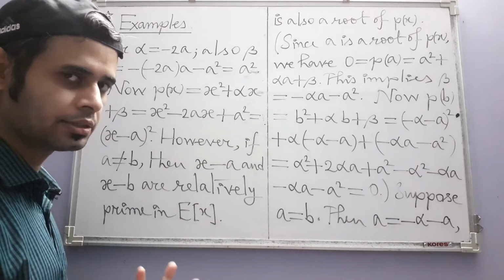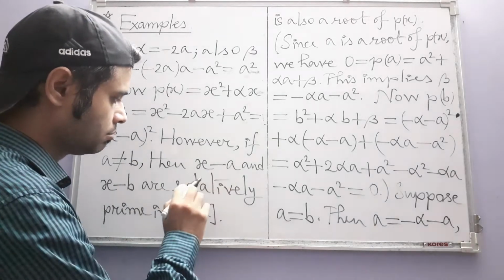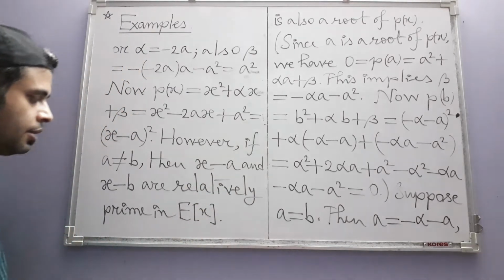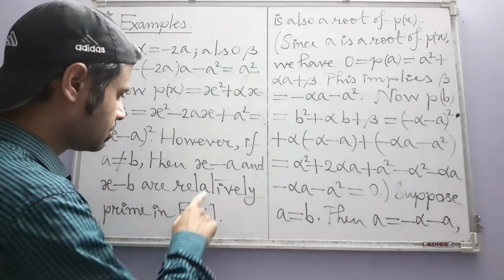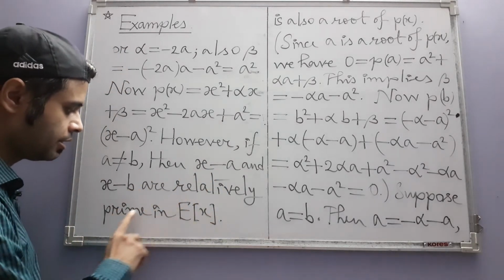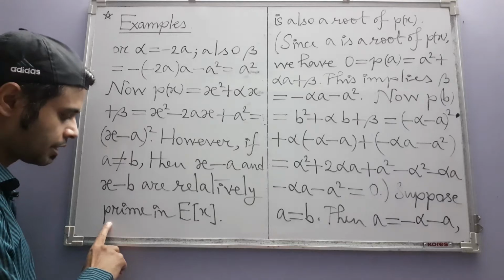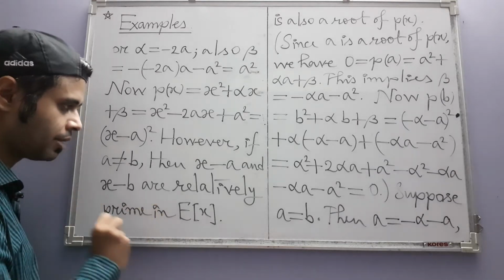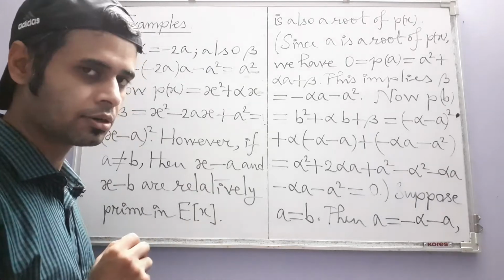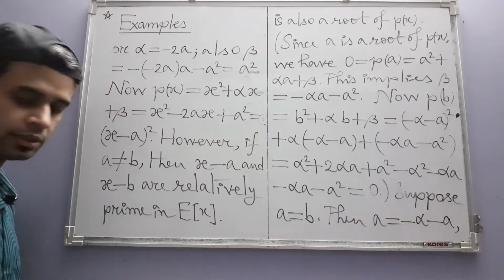So automatically they are irreducible polynomials. Now, because they are irreducible, distinctness of A and B automatically tells us that they are relatively prime, that their GCD in this Euclidean ring is 1 or is a unit in the ring E.